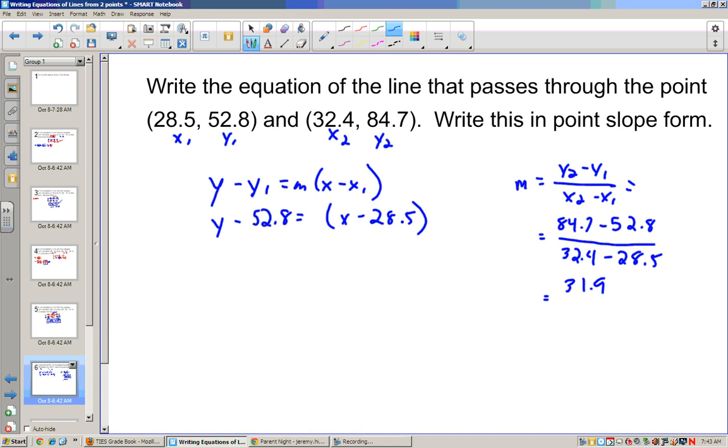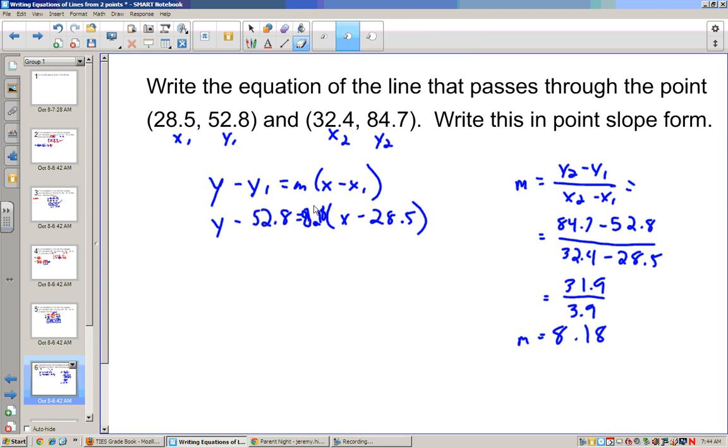If I subtract the denominators, I get 3.9. So my slope, I have 8.18 about. So that's what goes in for my slope. 8.18.